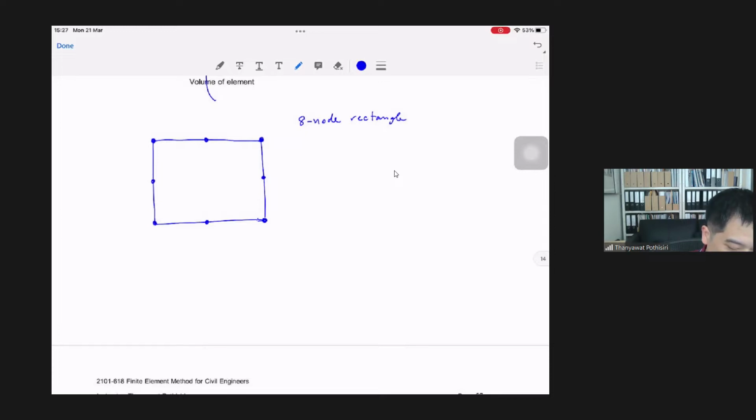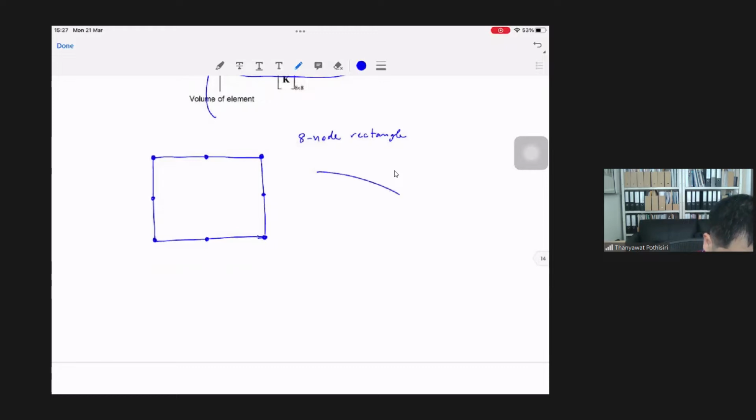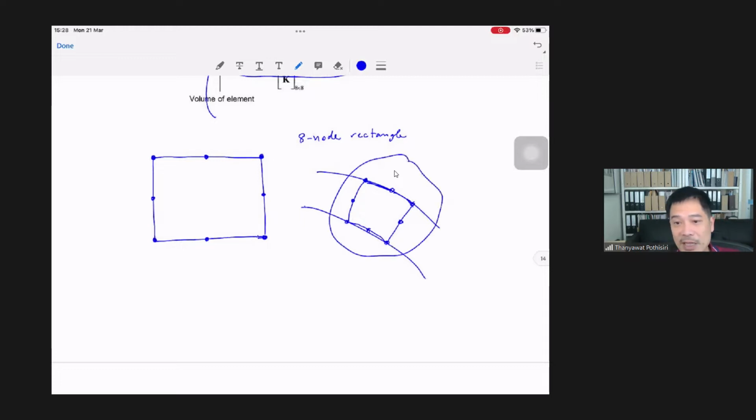So in a mesh, you can have something like this, and if you happen to have this kind of node, for example, you can have an element with curved edges within your finite element mesh.